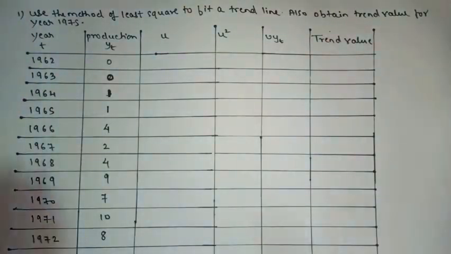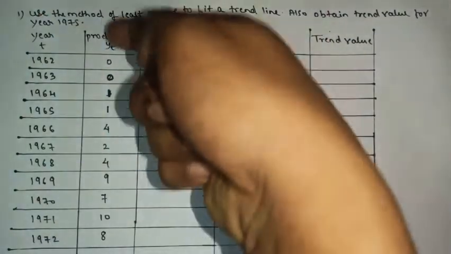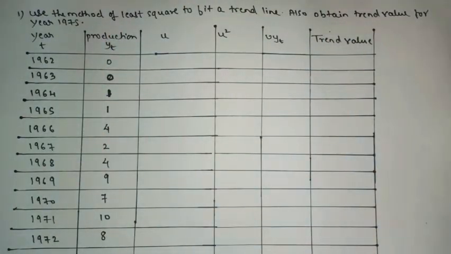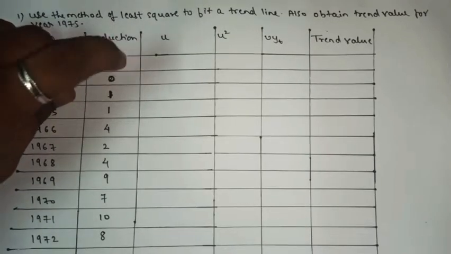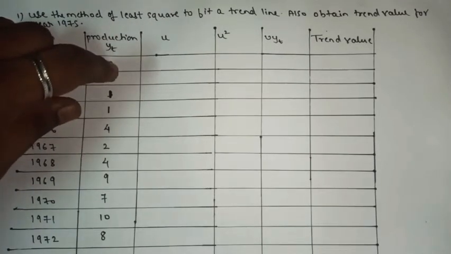In the question you will have year and the production, and we know that the symbol for year you will take T, and for production you will take YT. YT stands for what?